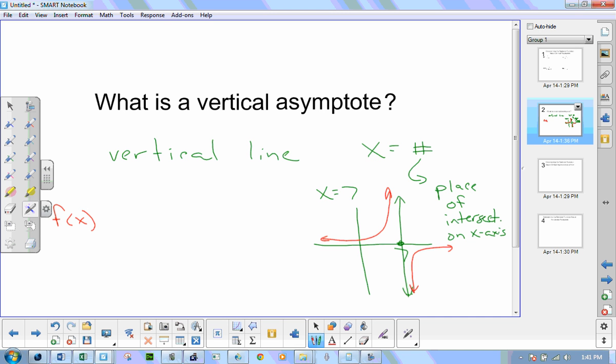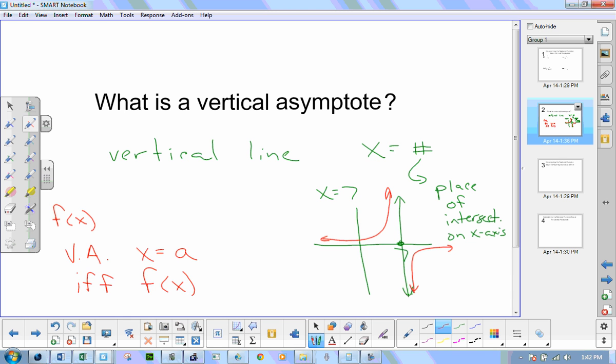So the formal definition is that you have a vertical asymptote at x equals a, a being this number, in this case 7, if and only if the output of the function approaches, sometimes referred to as shoots off to, positive or negative infinity when the input, called x, approaches a.